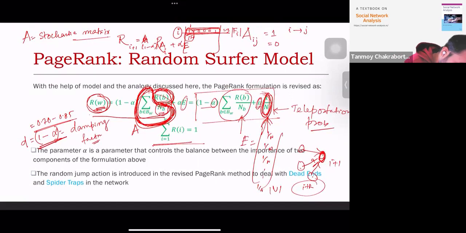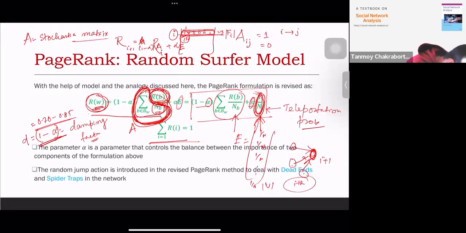Let me write it afresh. The matrix formulation would be R. R is a page rank matrix of size mod V cross 1. This matrix is getting updated at every iteration.